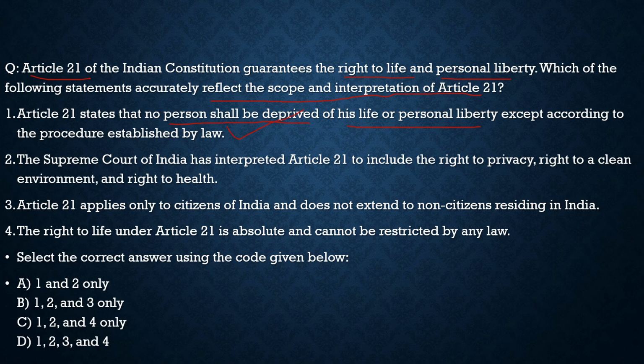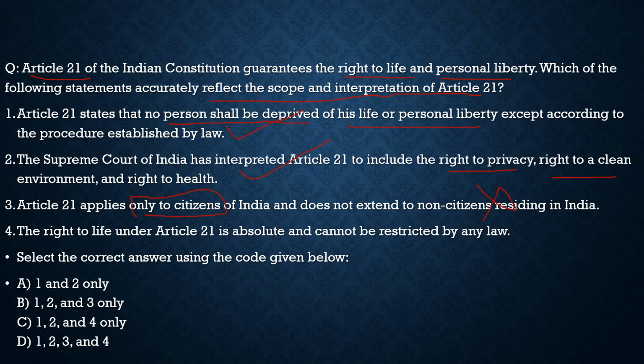The Supreme Court of India has interpreted Article 21 to include the right to privacy, right to clean environment and right to health. 100% correct. Statement 3. Article 21 applies only to citizens of India and does not extend to non-citizens residing in India. No, it is totally incorrect. It applies to both citizens as well as non-citizens.